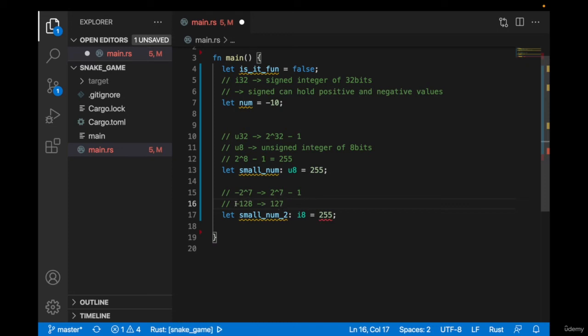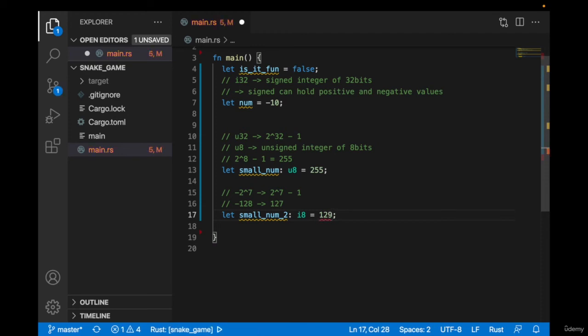So with the signed types, I can hold negative and positive values, but they are smaller. I can go to minus 128, minus 127, and so on, and I can go up until 127. I cannot go higher, I cannot go 128, 129, and so on.